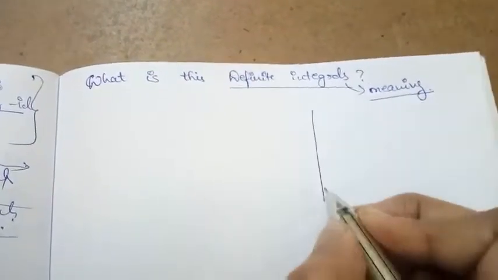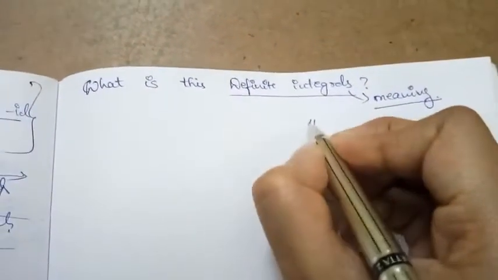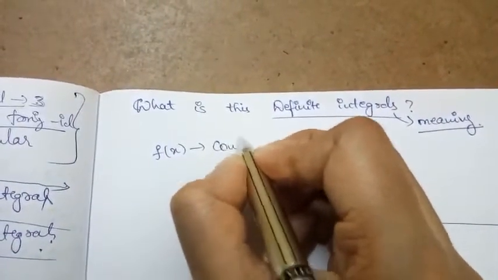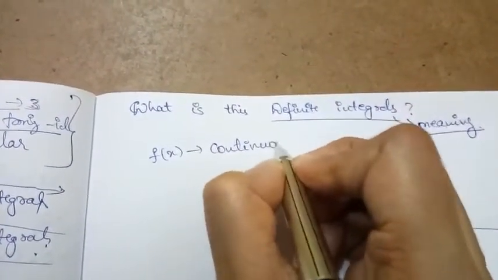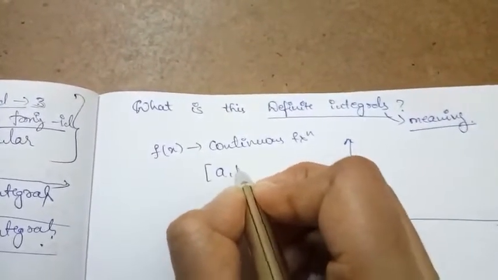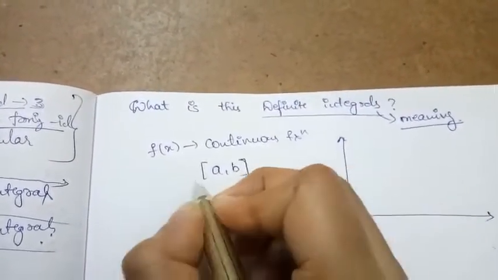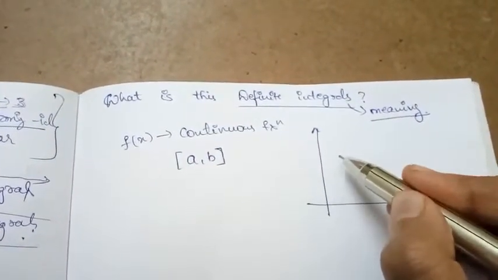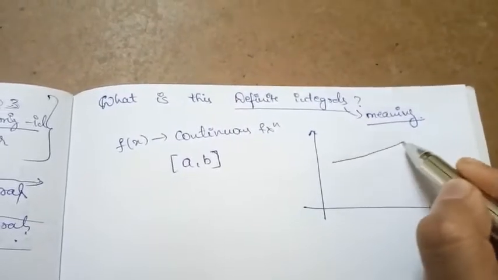Suppose I consider a continuous function f(x) on a closed interval [a, b].